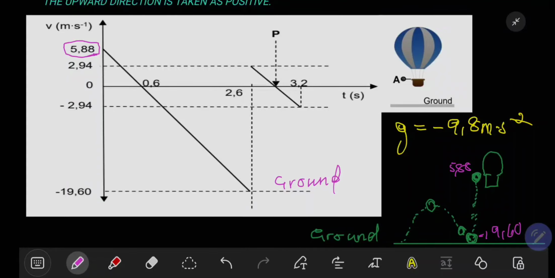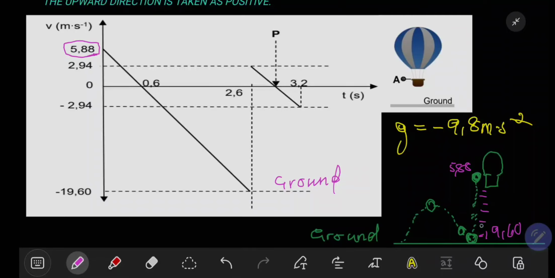Then there is another smaller portion of the graph here. You notice that we took down as negative because up is positive. So the ball bounces on the ground, and this is the velocity at which the ball leaves the ground, because the motion going down is negative.